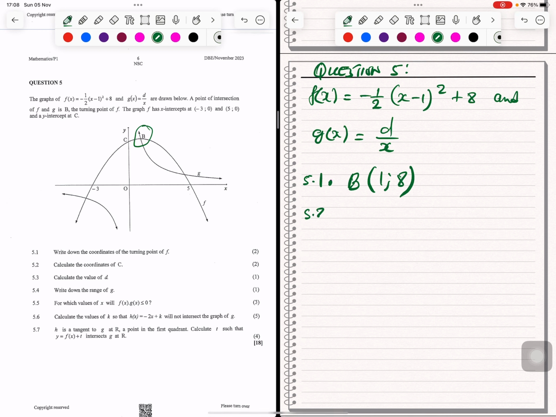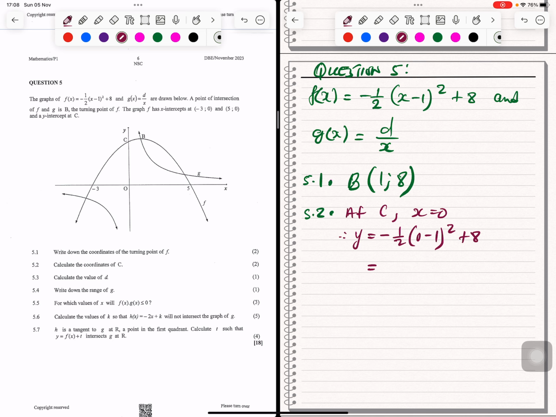Now, 5.2, they say calculate. You see how they phrase the question: calculate the coordinates of C. If you observe this from a bird's eye view, at C, x is 0. So in the graph of f, because that's where f passes through C, wherever there is x, I'm going to put a 0 and solve for y.